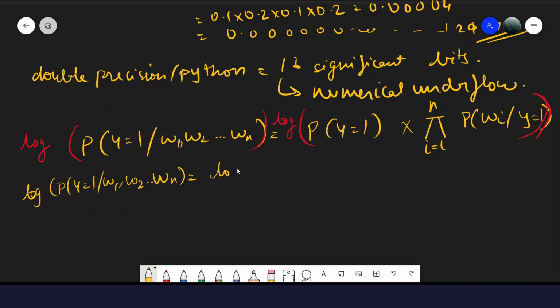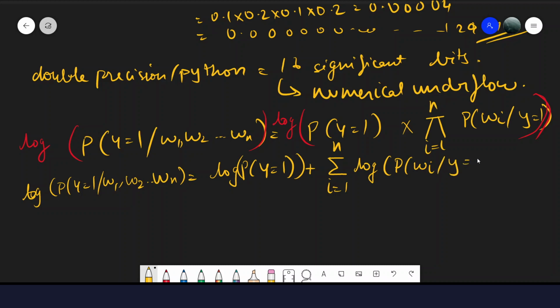This gives me the log of p of y equals 1 plus the summation, i equals 1 to n, of the log of p of wi given y equals 1, for all the words. When you take a log, the multiplication becomes addition. This is what you do to overcome the numerical underflow problem.